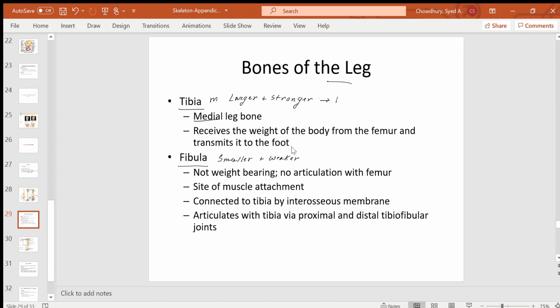It forms the knee joint, articulates with the lower end of the femur. Okay, and transmits body weight.